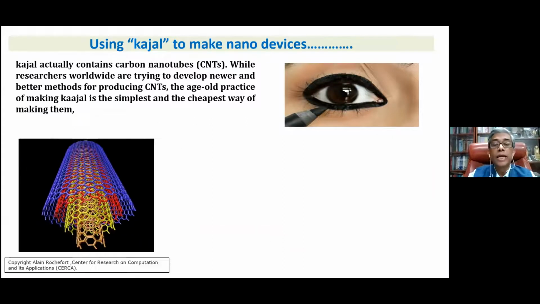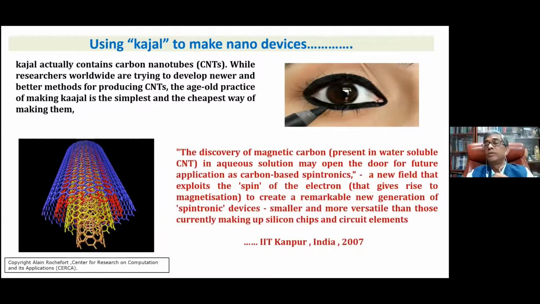Now you can see why I used that photograph there. That has been used in developing what is called carbon-based spintronics, which was reported by IIT Kanpur in 2007, and used for developing lots of chips and elements where you need spintronic devices. It is actually coming from there.